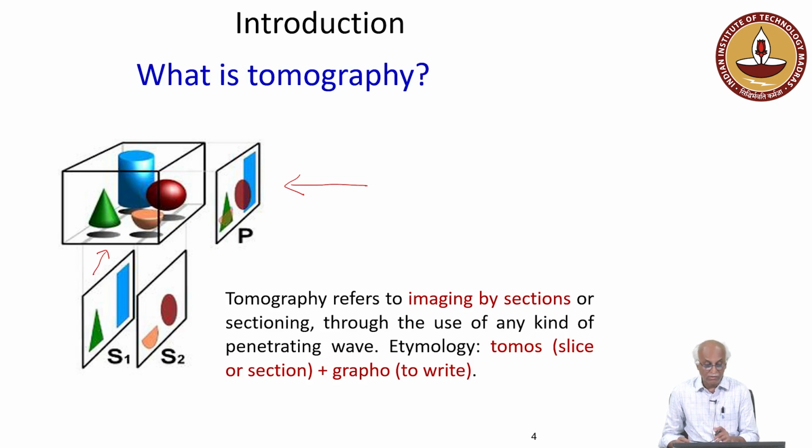However, if we go layer by layer, so if we take one layer here, a second layer here, a third layer here, a fourth, and layer by layer we take a section, a cut. Cutting this layer and removing it, we will see the first layer, then the second layer.